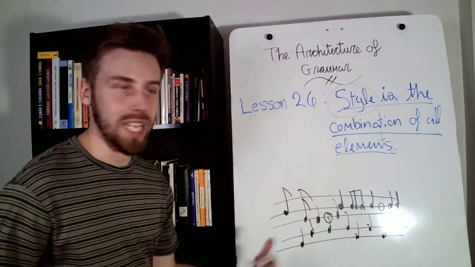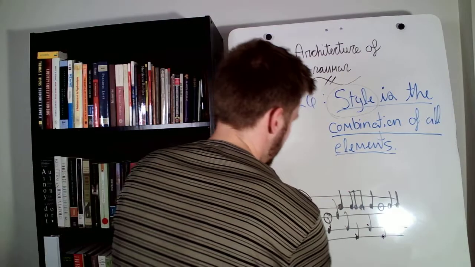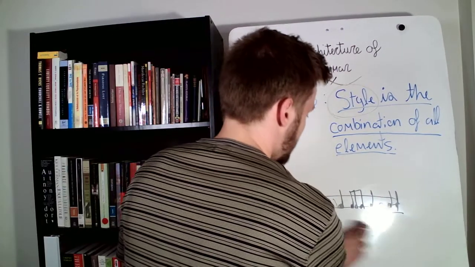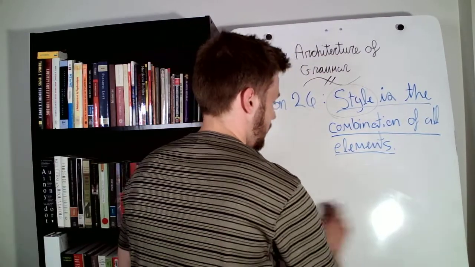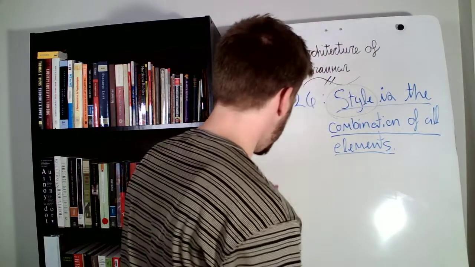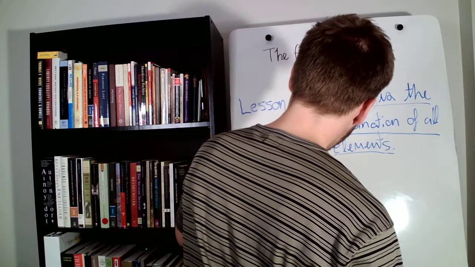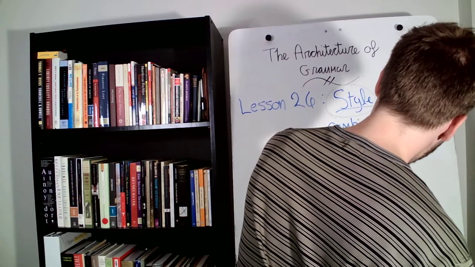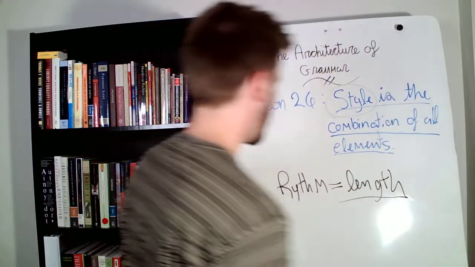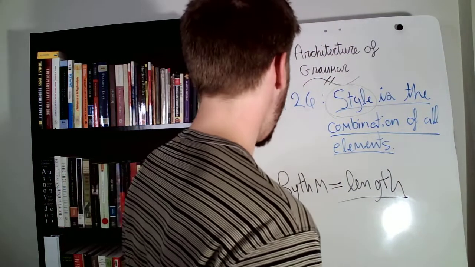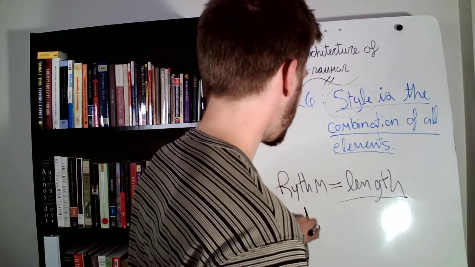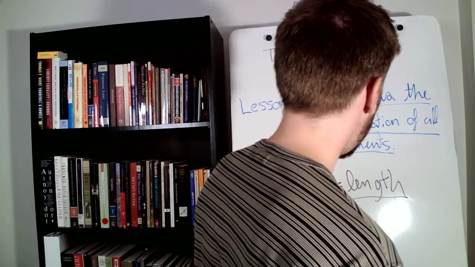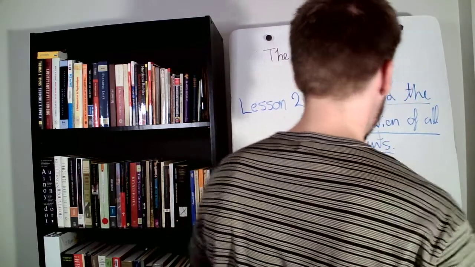So that doesn't work either. So what you want to have is both different rhythms and different notes. So the rhythm is your sentence length, and then the note is the sentence type, okay?